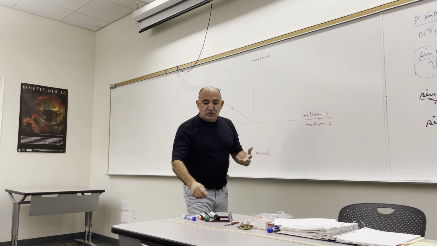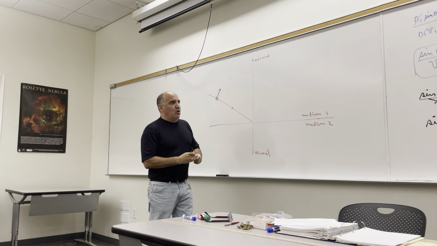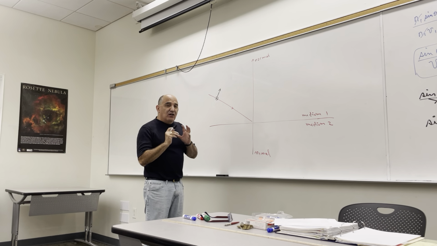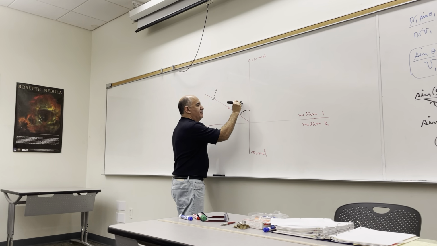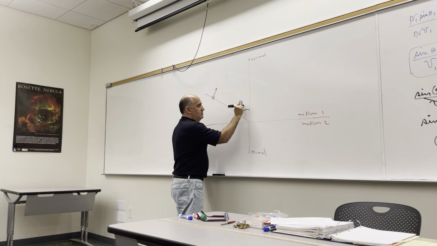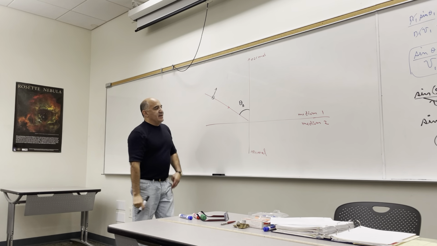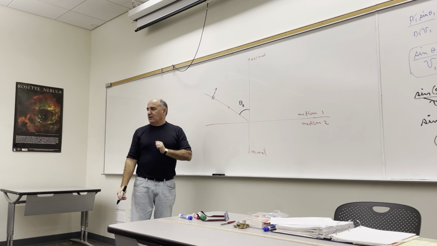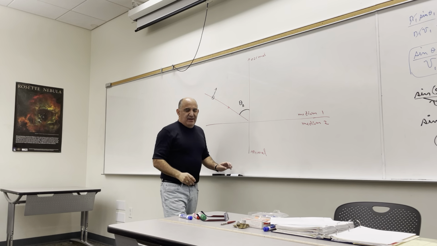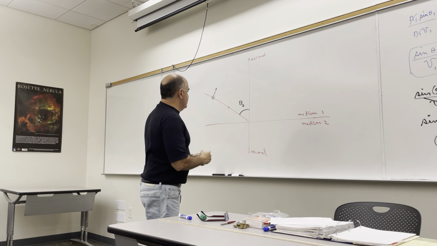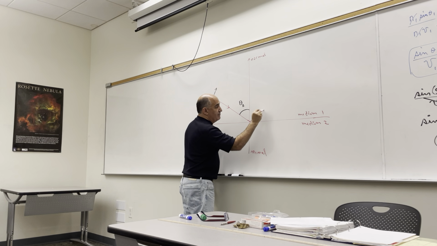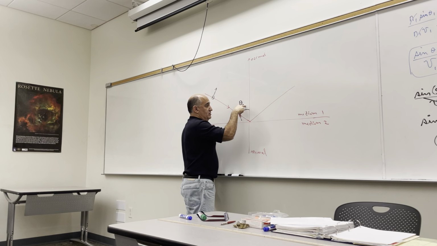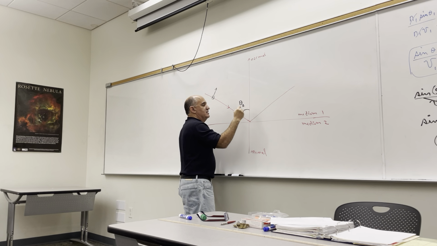And so Brewster, if the angle of incidence is of a particular value, which is known as Brewster's angle, I guess you can call it B, if that angle is a special angle, then what happens is the following. First of all, the light comes in like this, right? There's going to be a reflection, and the angle of reflection is equal to the angle of incidence.